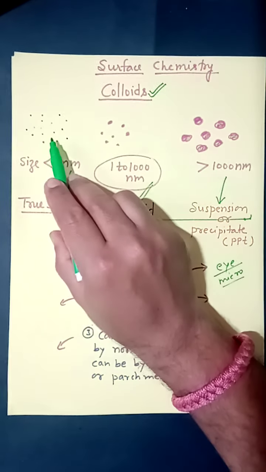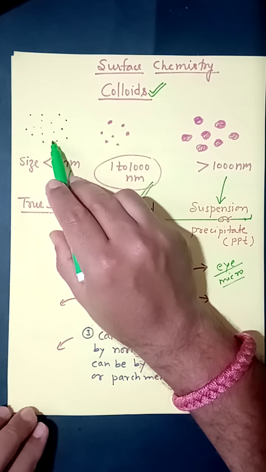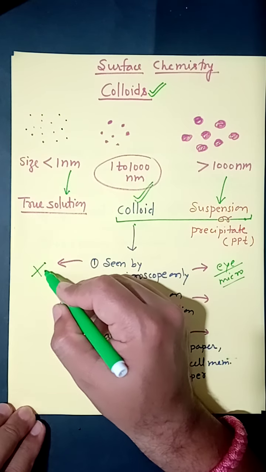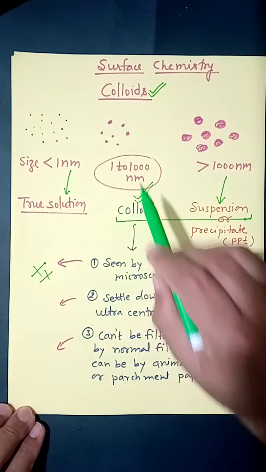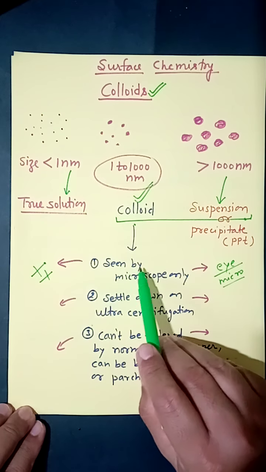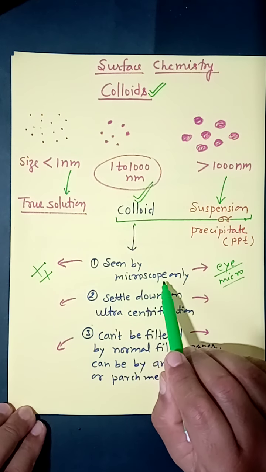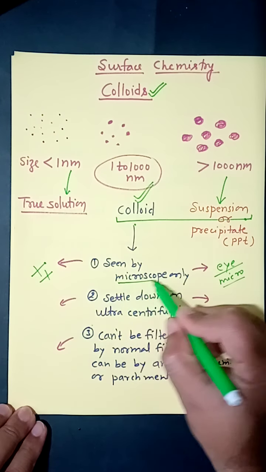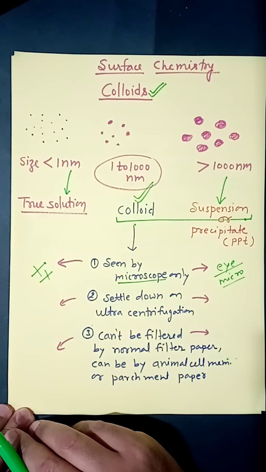These particles are very tiny and therefore you can't see them by naked eyes as well as by microscope. Now these particles are in between the size of the other two, so you can't see these particles by naked eyes, but you can see them by microscope.